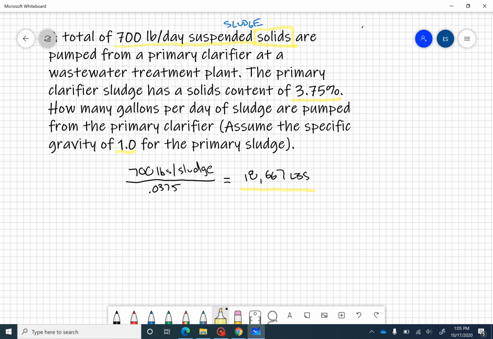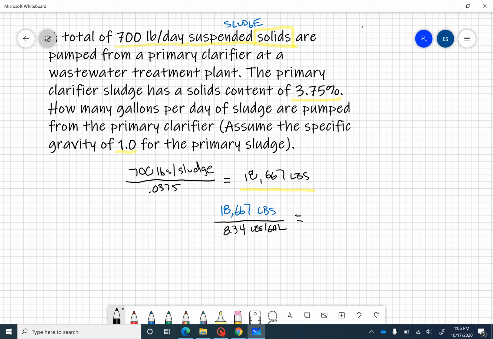And now that we know the pounds of sludge, we can divide that by the weight of a gallon of water to determine how many gallons that is. We know that there are 8.34 pounds per gallon of water, and we can use that figure because the specific gravity is 1.